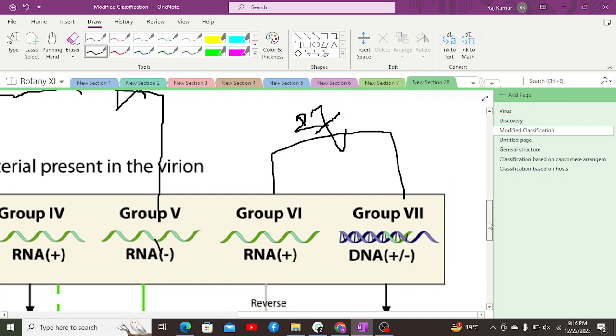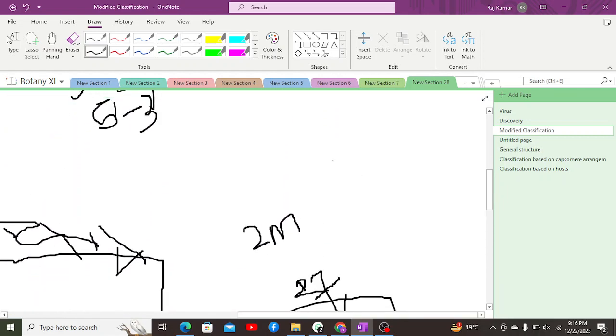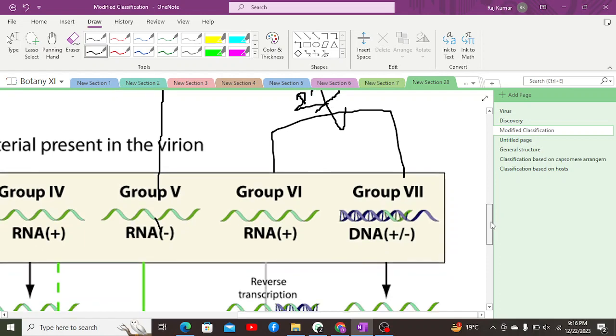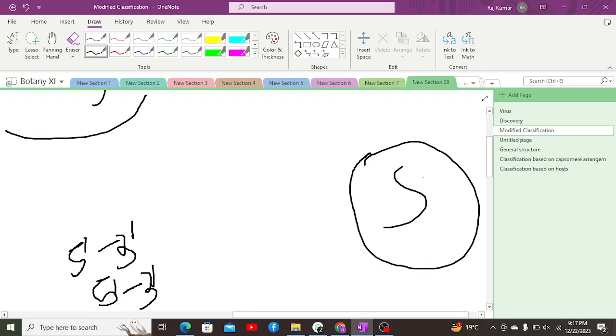How? Let's see. There is only a single molecule of double-stranded DNA, and that double-stranded DNA is structured in such a manner within their structure.